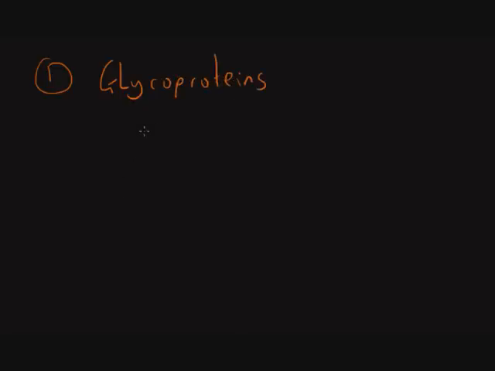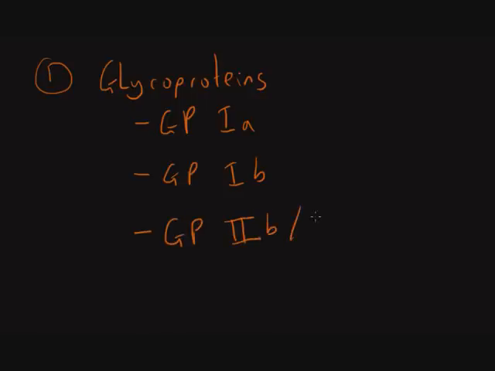There are three different types of glycoproteins which are important. First, glycoprotein 1A. Second, glycoprotein 1B, and the third and most important, glycoprotein 2B 3A.